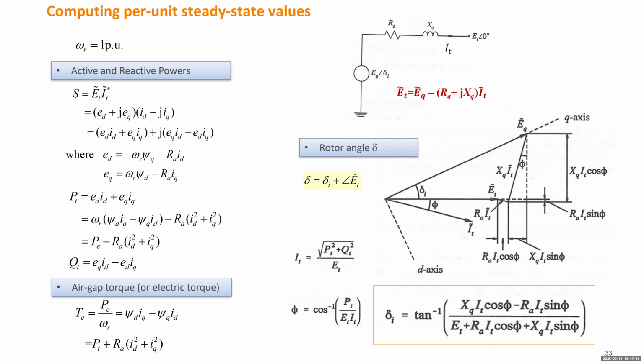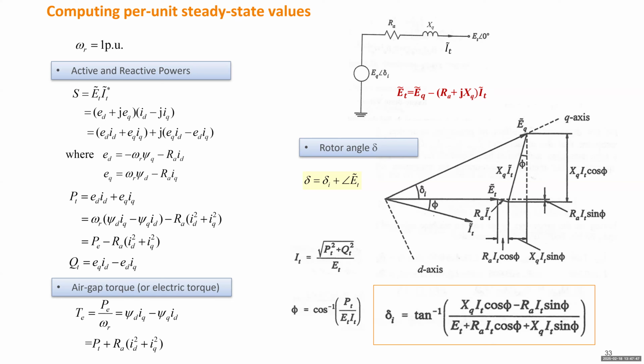Then subtract this little item, which is RA IT sine phi, which is the numerator. Okay, divided by this hypotenuse, which is ET, plus a little part, which is equal to RA IT cosine phi, then another little part, which is SQ IT sine phi. Just spend some time and you can easily prove this formula is true.